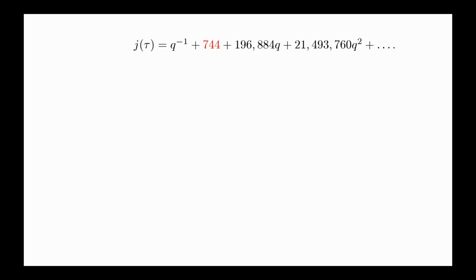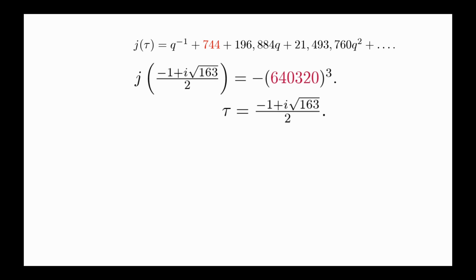So here's the expansion for j. Here's the evaluation which we just saw. Here tau is equal to minus 1 plus root of minus 163 over 2. And therefore q is equal to e to the 2 pi i tau, which makes it equal to minus e to the minus pi root 163.